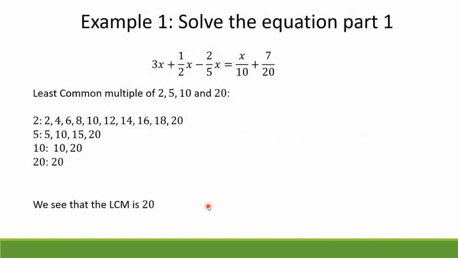All right. Now we can use this to solve this kind of wonderful equation, one with fractions. What you must do is get a common multiple of the denominators. What's nice about the least common multiple is it makes the calculations a little bit easier.